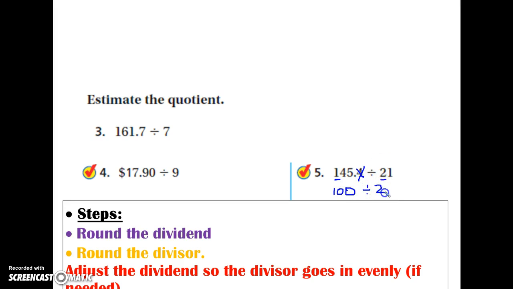That rounds to 20. And I have 100 divided by 20. This 0 cancels out, this 0 cancels out, and I have 10 divided by 2. 10 divided by 2 is 5. So 145.4 divided by 21 is about 5.